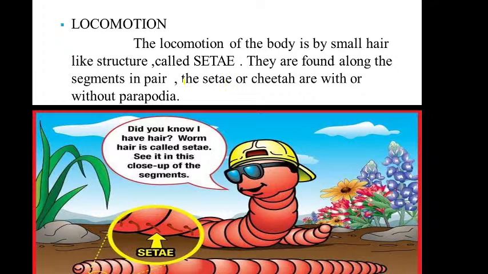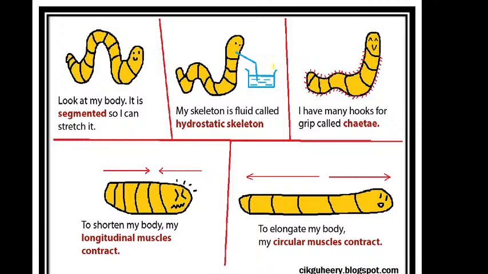Then locomotion is with the help of structures called setae. They are found along the segments in pairs. The setae are with or without parapodia. So the important characters of phylum Annelida: they are segmented worms, and their skeleton is fluid, called a hydrostatic skeleton.